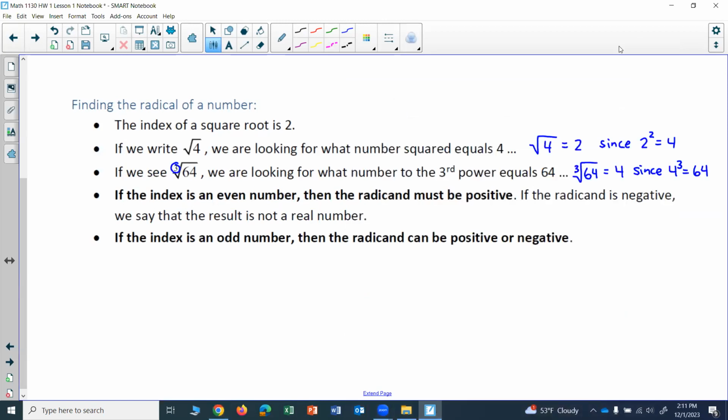If the index is an even number, then the radicand, the number under the root, must be positive. If the radicand is negative, we say that the result is not a real number. So for example, if I had the square root of -4, that would be not a real number.